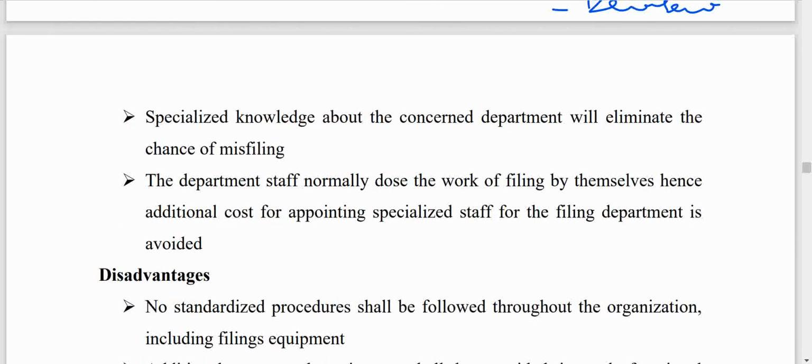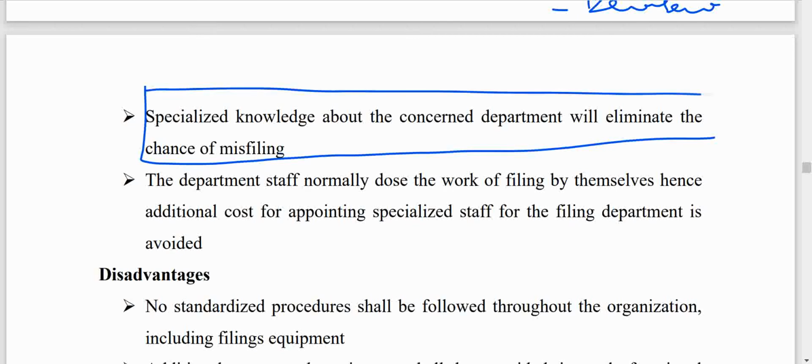Another thing is that specialized knowledge about the concerned department will eliminate the chances of misfiling. We are assuming that someone stays in one department for a very long time. At a facility I made some studies when we were carrying out some data analysis, and we realized that there are people who work as record assistants and have been working in, for example, a heart clinic since they were given the job.